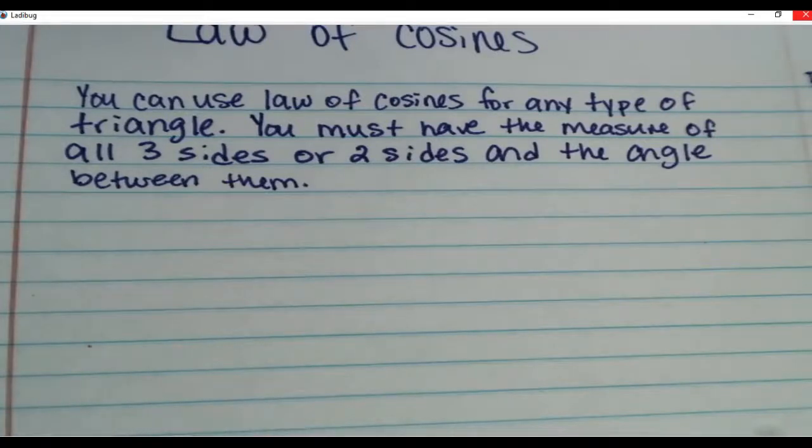Yesterday we had to have a side and the angle opposite from it, or we couldn't do law of sines. But today you have two scenarios. You can either know all three sides, or you can know two sides and the angle that's between them.